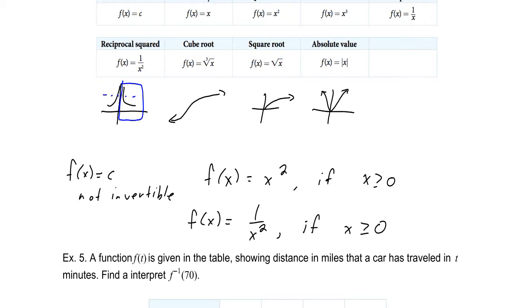All right, so that one was not one-to-one. The cube root is one-to-one. The square root is as well. And the absolute value is not. Same idea. f of x equals the absolute value. That is one-to-one if we restrict ourselves to only the right half of that function. In that case, it's the identity function.